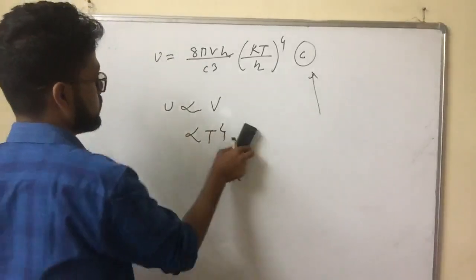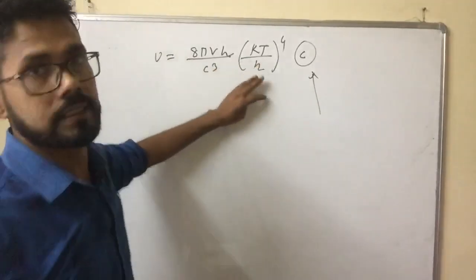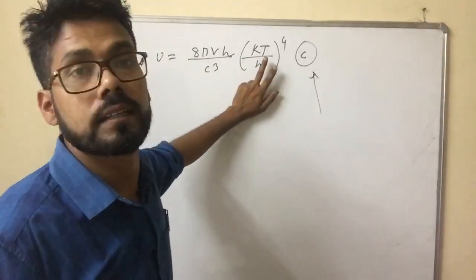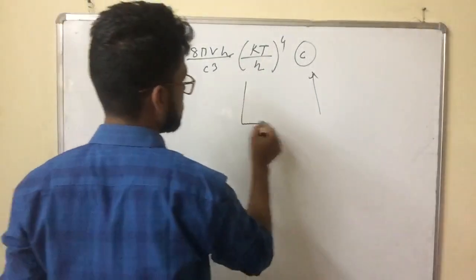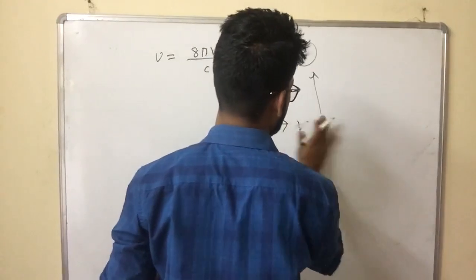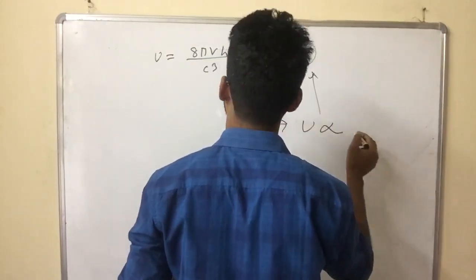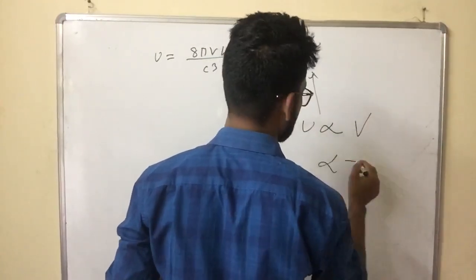In the exam, what type of question is like that? We only need to remember the power. The variables are temperature and volume. So from this calculation we get energy proportional to volume and proportional to T to the power 4.